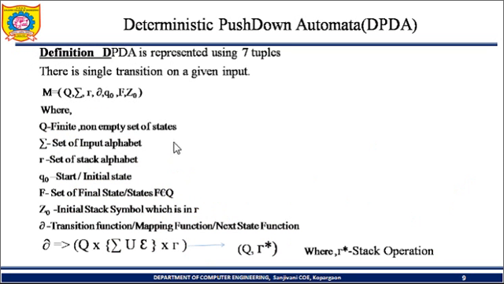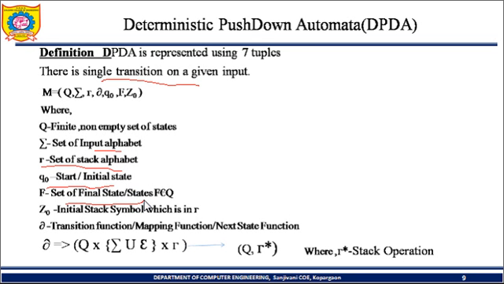Now DPDA is represented using a 7 tuple, and there is a single transition on a given input alphabet. Q is the finite non-empty set of states, Sigma is the set of input alphabet, Gamma indicates the set of stack alphabet. Q0 is the start or initial state, F is the set of final states.